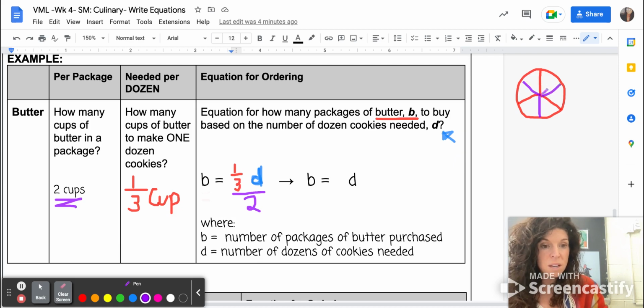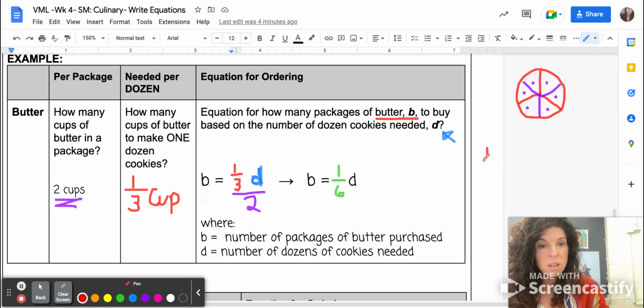How many parts do I have now? 1, 2, 3, 4, 5, 6. So 1/3 dozen divided by 2 is just 1/6 times the number of dozen that we need. That is the amount of packages of butter that we need to buy based on the number of dozen of cookies. Let's look at the math of that really quick to see how do we do that without drawing that picture.